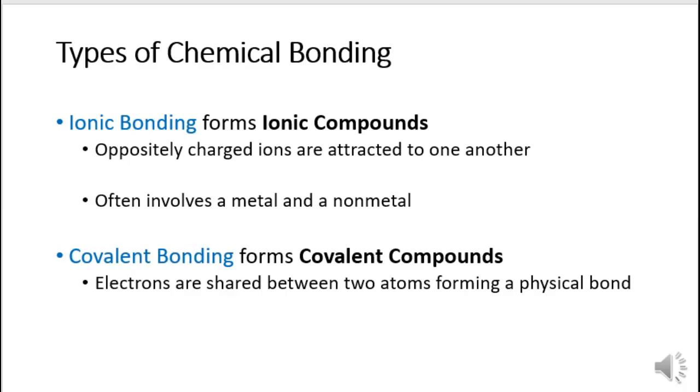This often involves a metal and a non-metal being attracted to one another. Covalent bonding occurs when electrons are shared by 2 atoms. This forms a physical connection and covalent compounds.